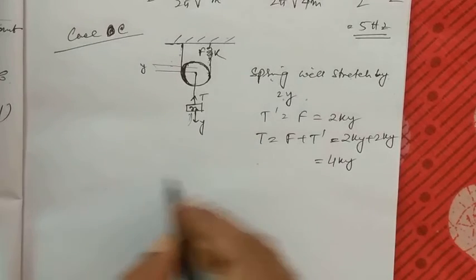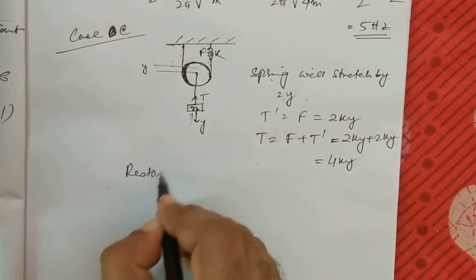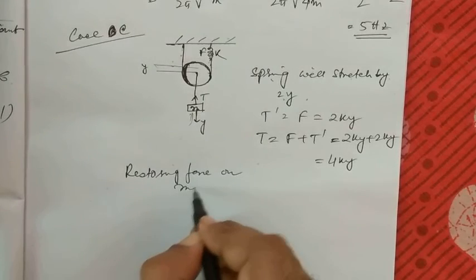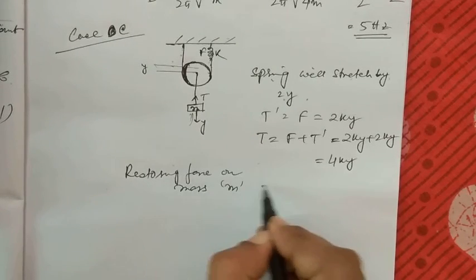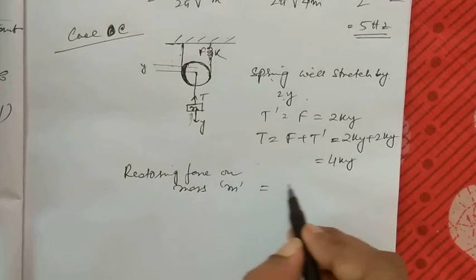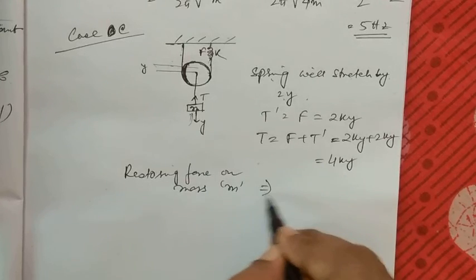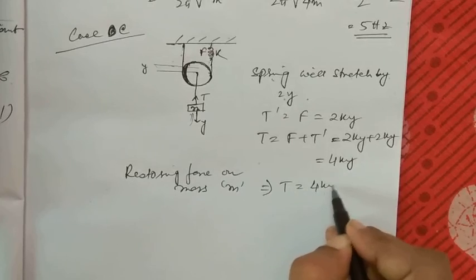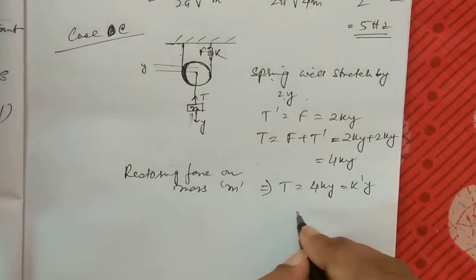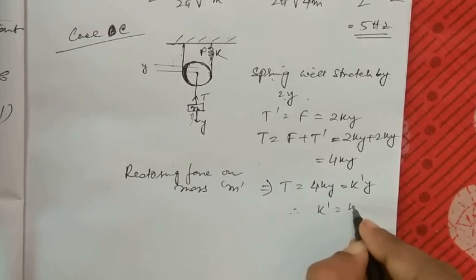So the restoring force on mass M, the tension, is equal to 4ky, equal to k dash y. So k dash becomes equal to 4k.